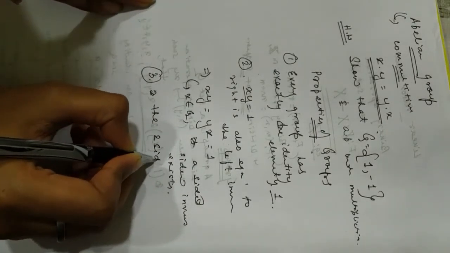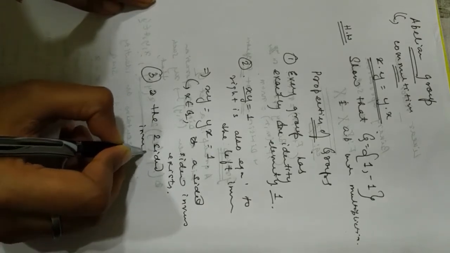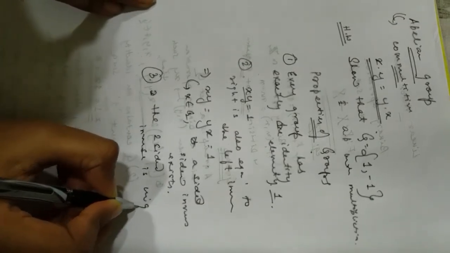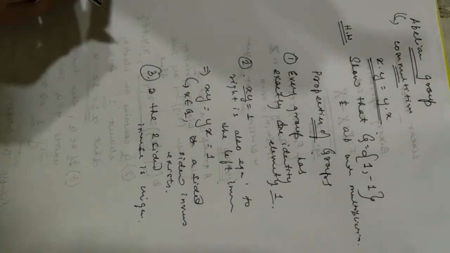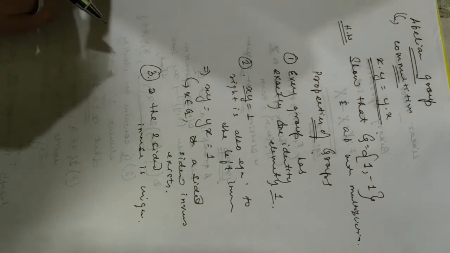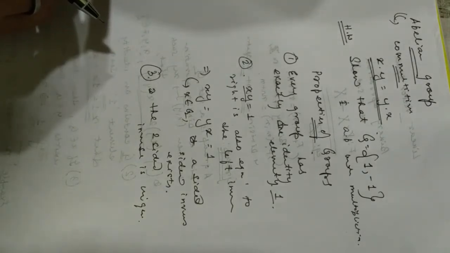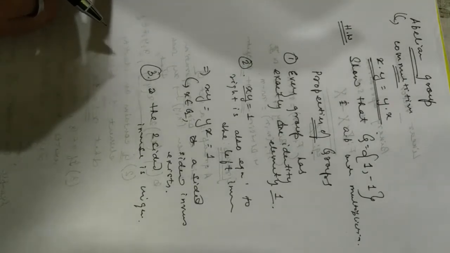That means not that there will be numerous two-sided inverses, there will be exactly one two-sided inverse to each element. Each element will have one two-sided inverse which is unique from the others, okay? So now let's try to prove these.